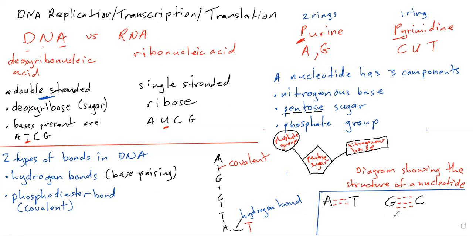So GC has three hydrogen bonds and AT has two hydrogen bonds, which means that GC bonds are harder to break than AT bonds because they have more hydrogen bonds. So this is what you need to know in terms of the structure of your nucleotides, the base pairing, and a little difference between DNA and RNA. I'm going to pause here if you need to take off anything.